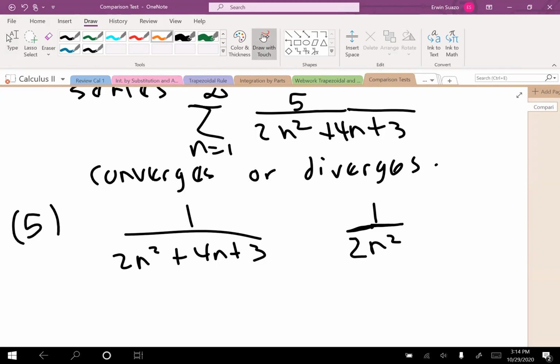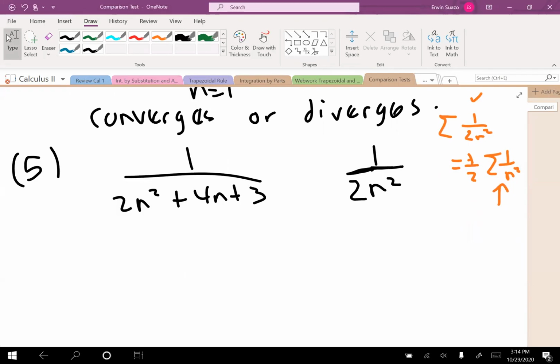Because that's also going to be convergent. 1 over 2n squared is the same as 1/2 times 1 over n squared. I can take the 1/2 out. So if this is convergent, this is convergent too, because I can take the half out. So now let's compare these two guys. Who do you think is bigger? A or B?